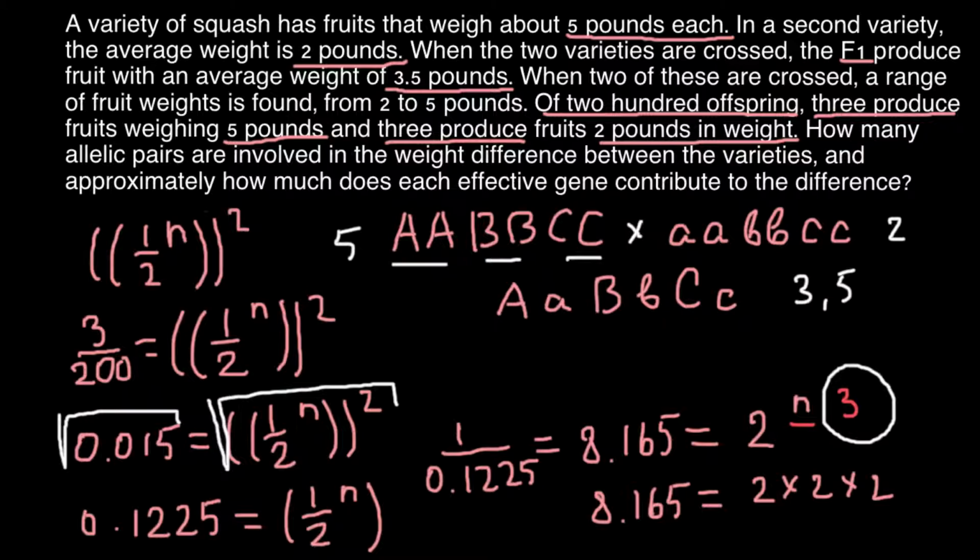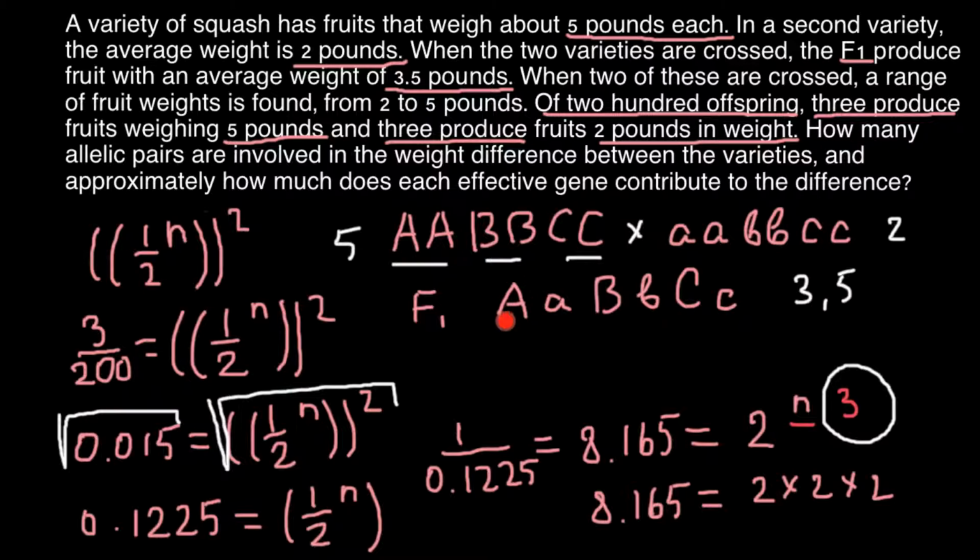And when we cross the F1 generation, so this is going to be the F1 generation, and this is going to be the parental generation. When we cross this genotype with itself, we can expect extreme genotypes or phenotypes, when this trait is additive. This is not simple Mendelian genetics.